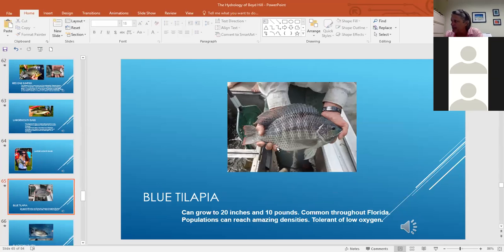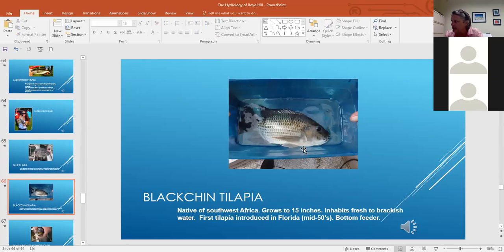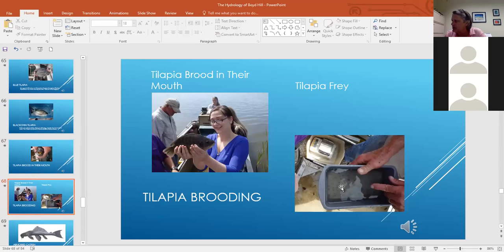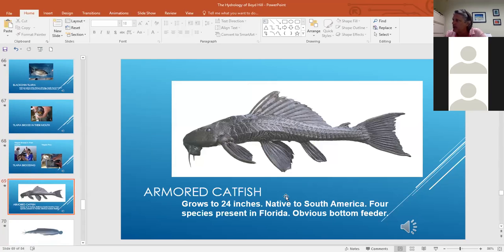Here's the blue tilapia and the blackchin tilapia. They are mouth brooders. They carry their eggs in their mouth, and then the eggs hatch. And you can see here some of the eggs hatched when we caught them, and the fry swim off afterwards. The armored catfish, they are exotics, and we can buy them, and they are there because of the pet industry.